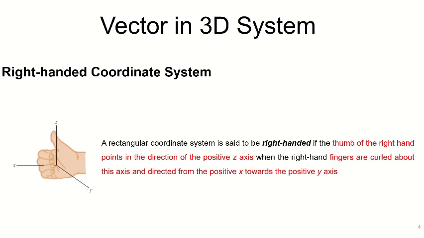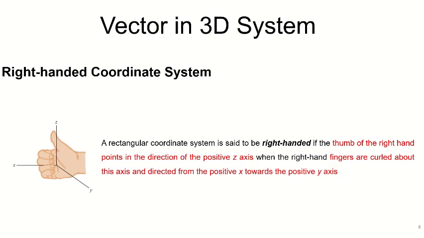When applied to solving problems in three dimensions, the operations of vector algebra are greatly simplified if the vectors are first represented in Cartesian vector form.